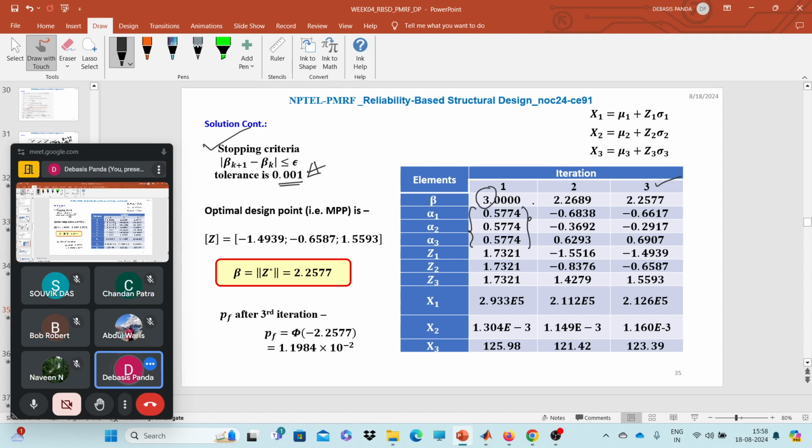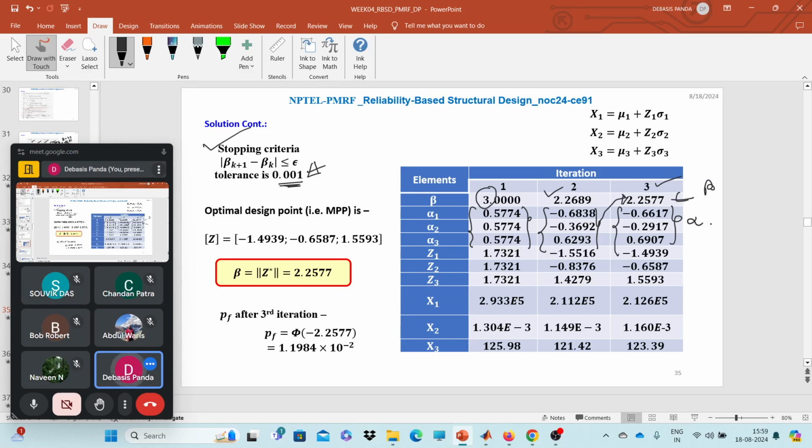Based on these two, we found the new beta and new direction cosines. Based on the new direction cosines, we again found the new beta, and from the new beta, the new direction cosines. Between iteration 2 and 3, the stopping criterion is achieved. That means convergence is achieved. So this is our final beta.